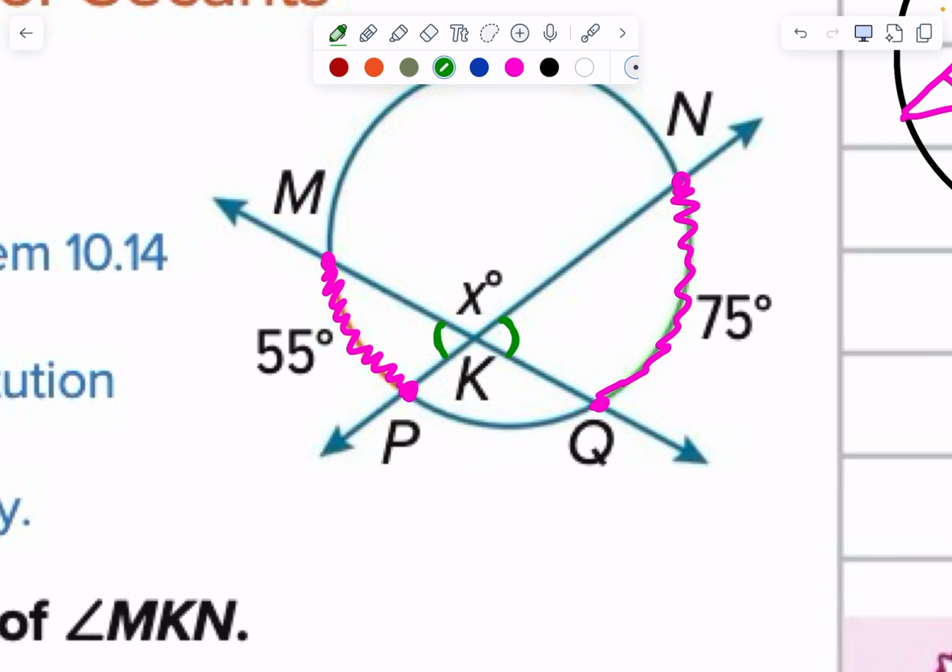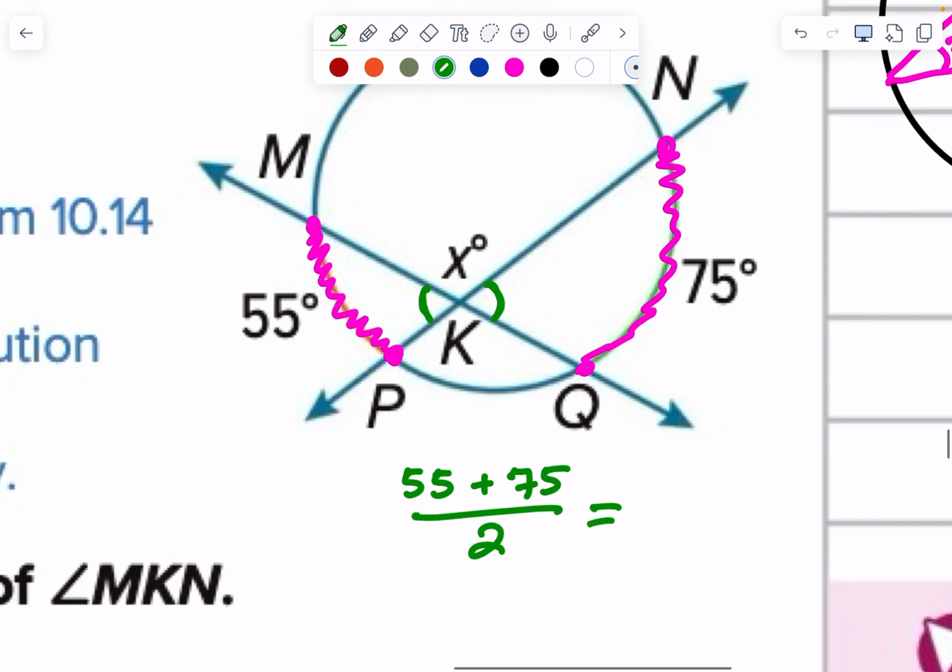What are they? They're the average between the two. So I take 55 and 75, so I add them together and divide by 2. What's the average of 55 and 75? You maybe know this. 65, it's halfway between, right? So this angle here is 65, this angle here is 65, but that's not what they want. They want angle X, right?